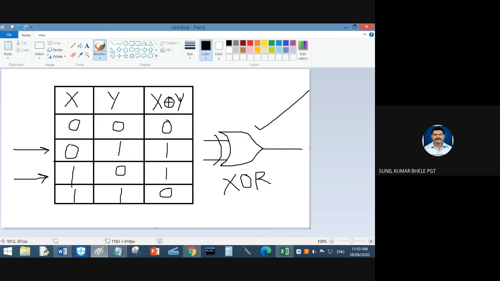So please erase that NOT symbol in the previous symbol. There is no NOT symbol in this gate. This is the correct symbol of the exclusive OR gate. Have you done?